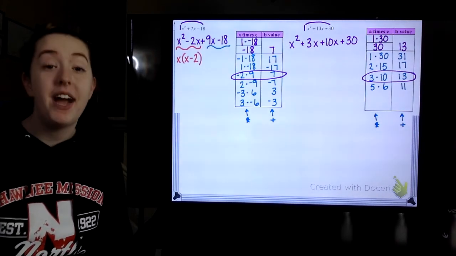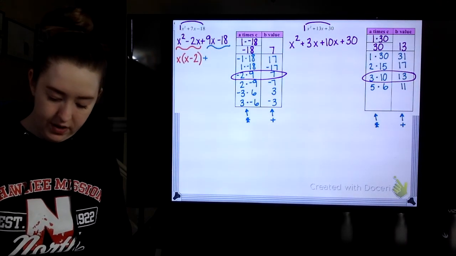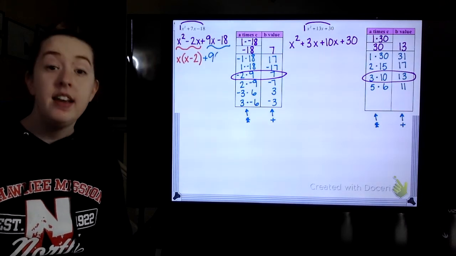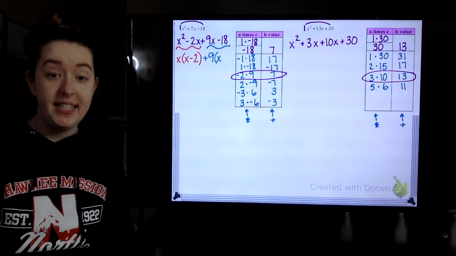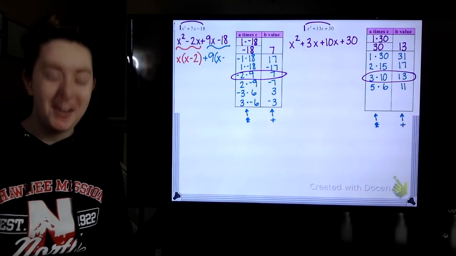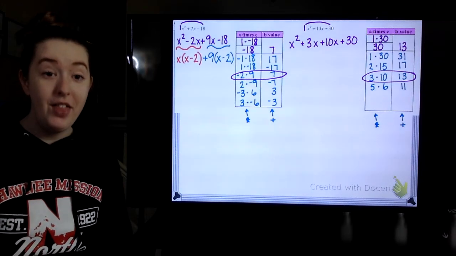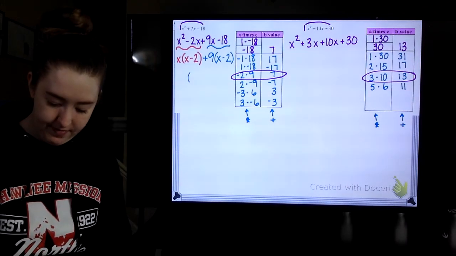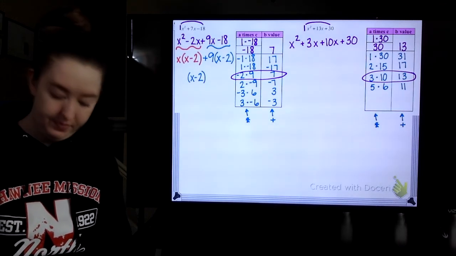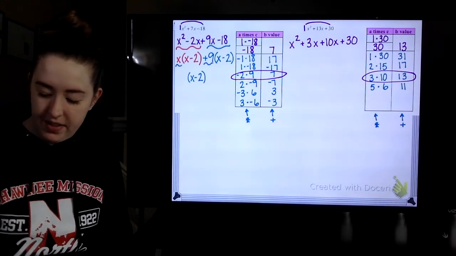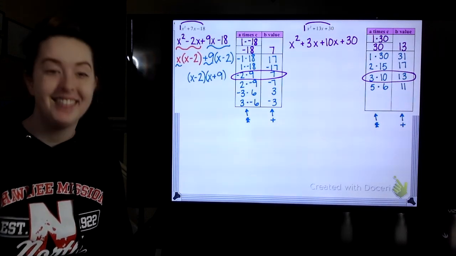My greatest common factor of 9x and negative 18 is 9. I'll have plus 9 here. 9x divided by 9 is x, negative 18 divided by 9 is negative 2. So I'll take out the term they have in common, x minus 2, and then my other set of parentheses is the stuff left over, x plus 9.